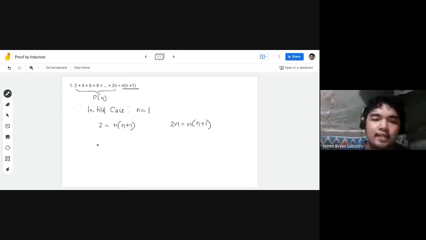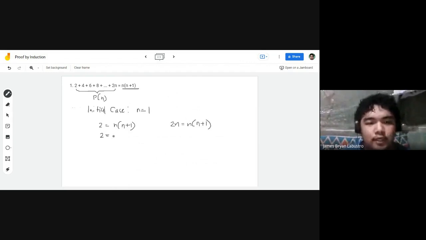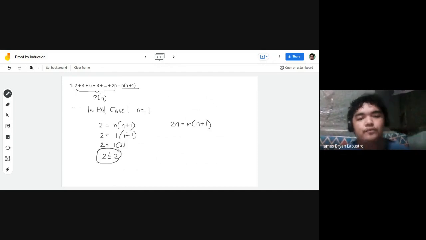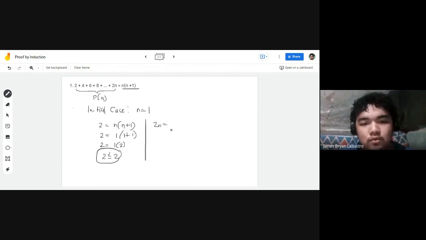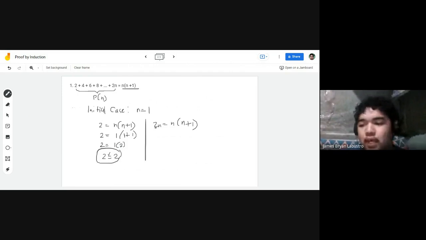Let n equal to 1. So we have 2 equals 1 times 1 plus 1. So 2 is equal to 1 times 2. Therefore, we have 2 equal to 2. The other case is for 2n equal to n times n plus 1. Let n equal to 1.